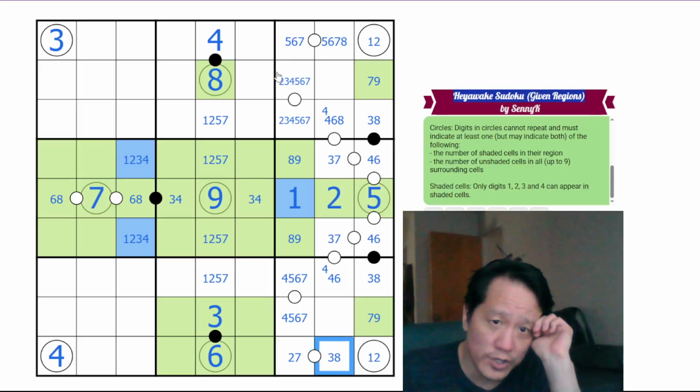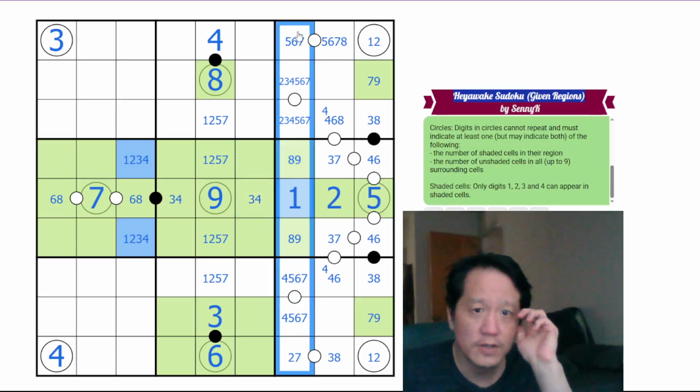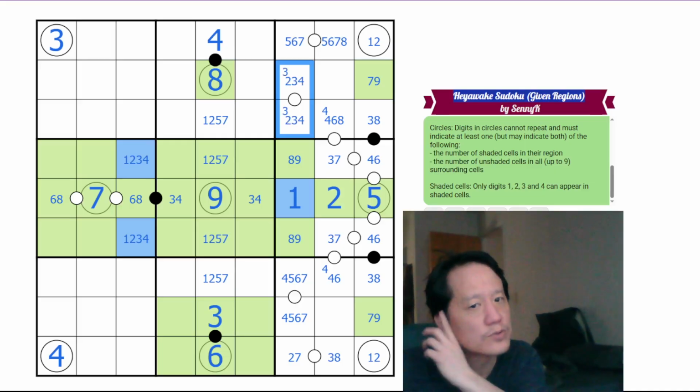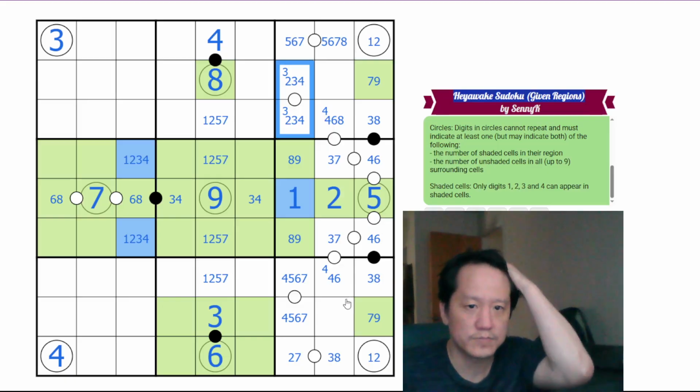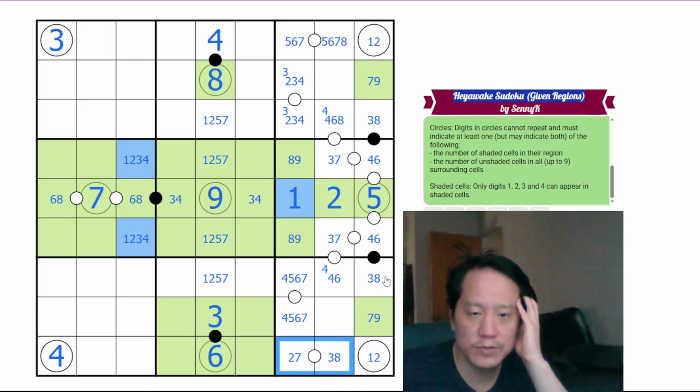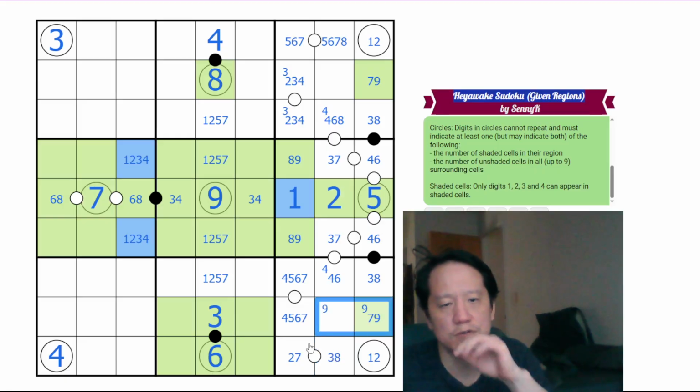Where is 3 in column 7 then? 3 has to be here. And 3 has to be with either 4 or 2. So this is guaranteed to be 3. This is 3 or 8 here. This is 3 or 8 here. 9 is one of these two.